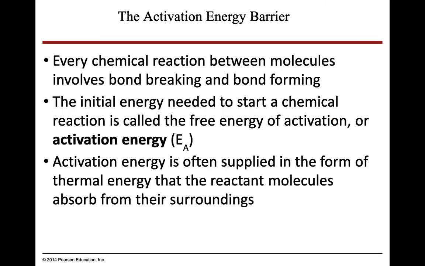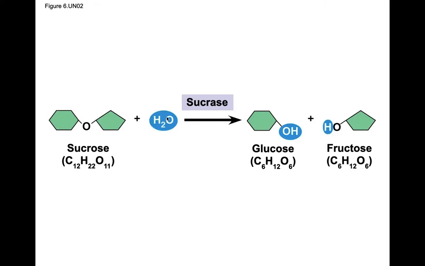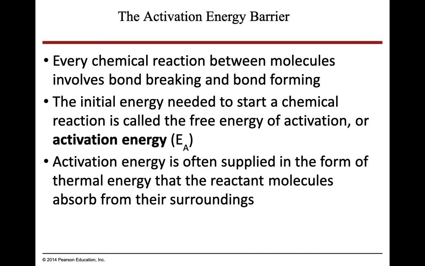Now, every chemical reaction that occurs that either builds up or releases energy, exergonic or endergonic, means that molecules have to have their bonds broken and those bonds reformed. The initial energy to start that chemical reaction, starting to make the chemical bonds break between a molecule such as sucrose, is called the activation energy.